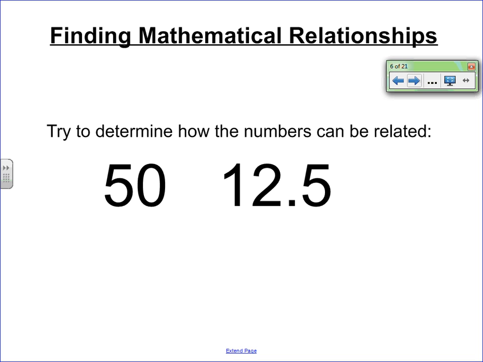How are these two numbers related? And you can add in other numbers if you need. See it? Is it 15 divided by 2? Yeah, 15 divided by 2 and 1. 25 divided by 2.